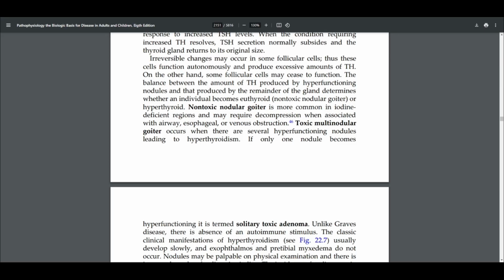Non-toxic nodular goiter is more common in iodine-deficient regions and may require decompression when associated with airway, esophageal, or venous obstruction. Toxic multinodular goiter occurs when there are several hyperfunctioning nodules, leading to hyperthyroidism.